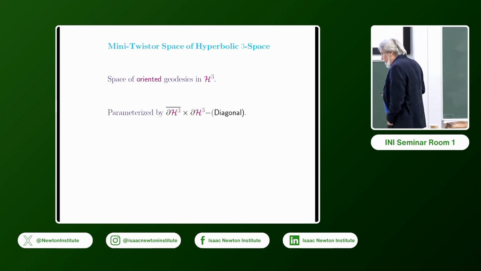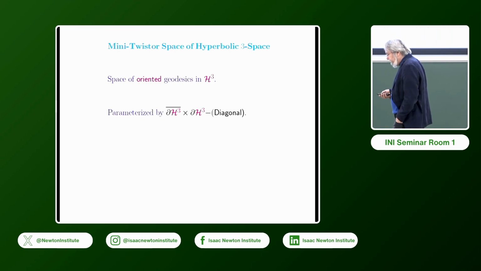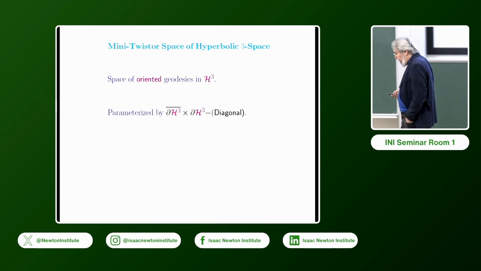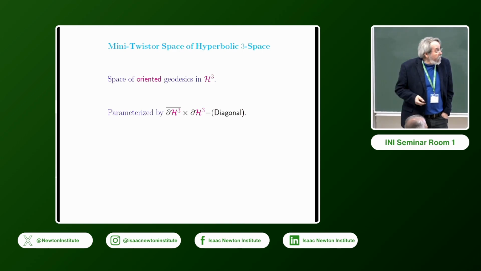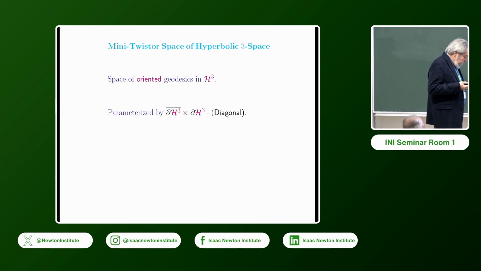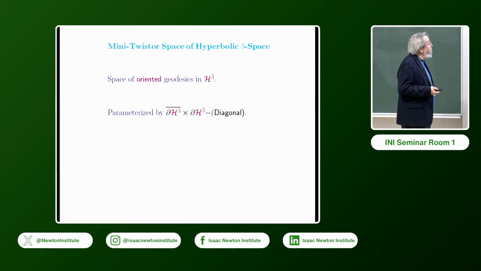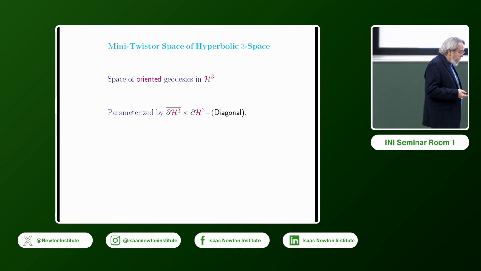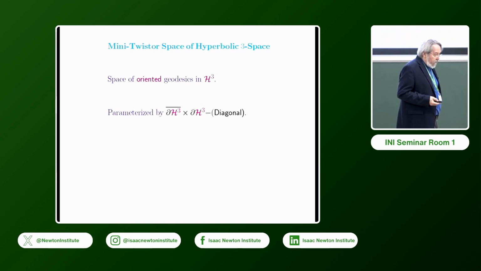So as a point set, you could think of the oriented geodesics in hyperbolic three-space as being parameterized by the product of the boundary sphere with itself minus the diagonal.